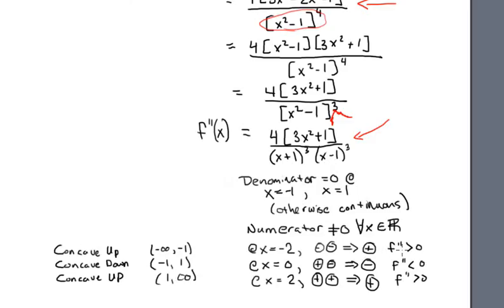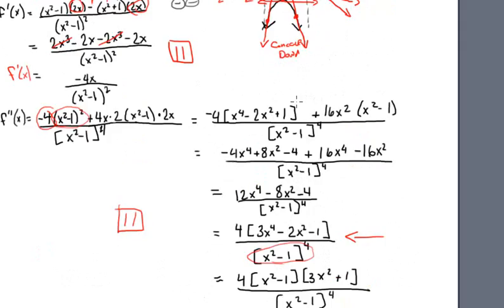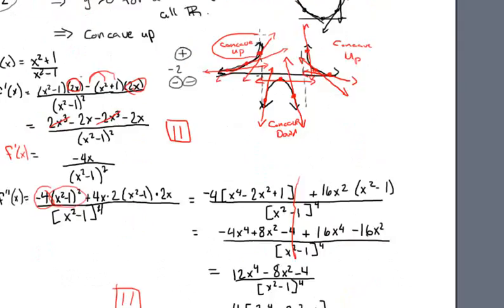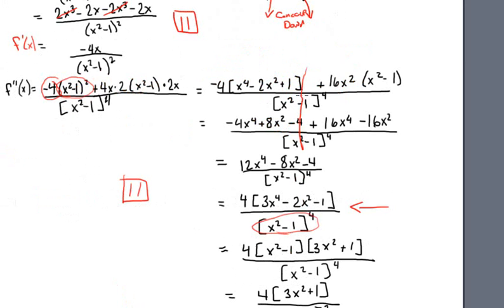That means that my second derivative is going to be greater than 0 from negative infinity to negative 1, for all numbers which are less than negative 1. So since our second derivative is always greater than 0 on that interval, my function is concave up. And that agrees with what we were looking at intuitively before, just at the graph of the function.